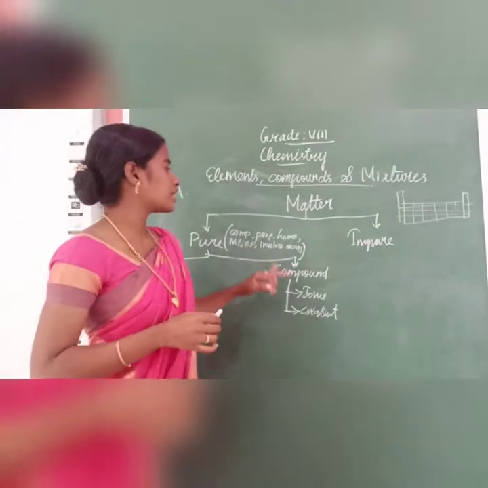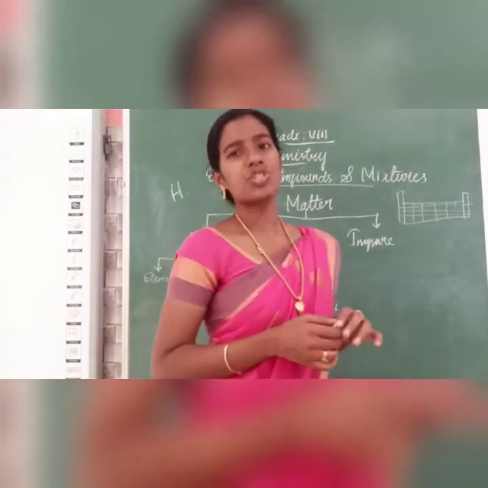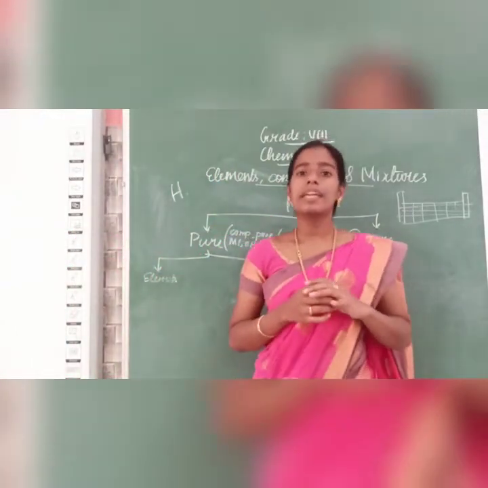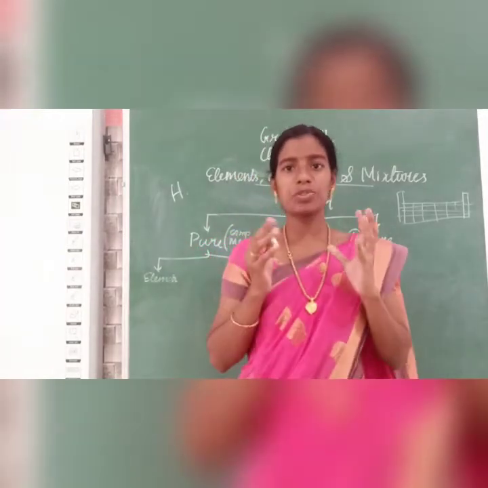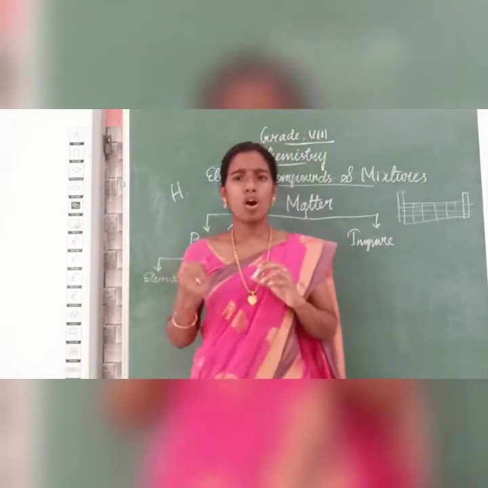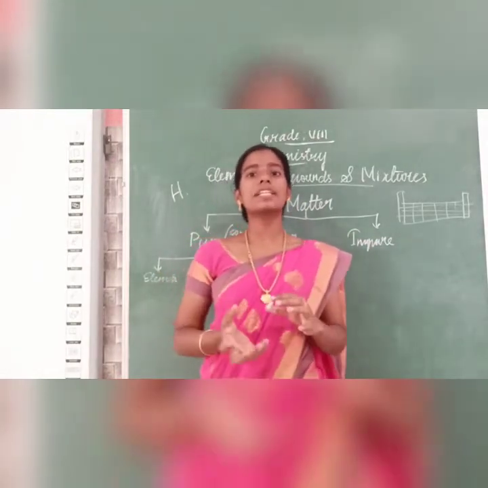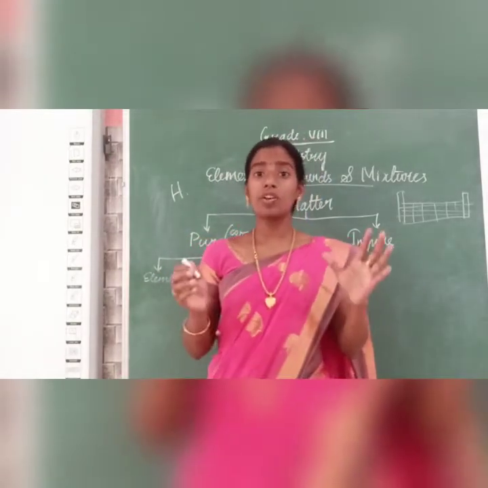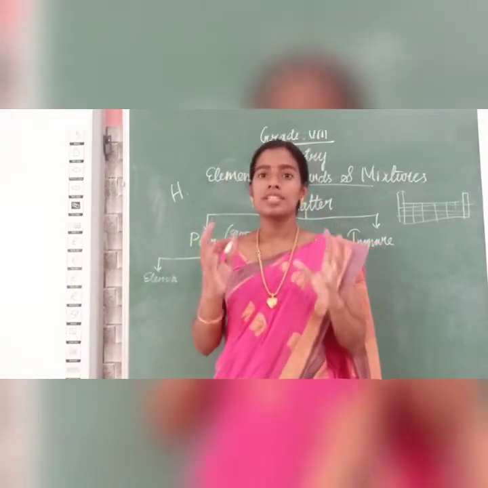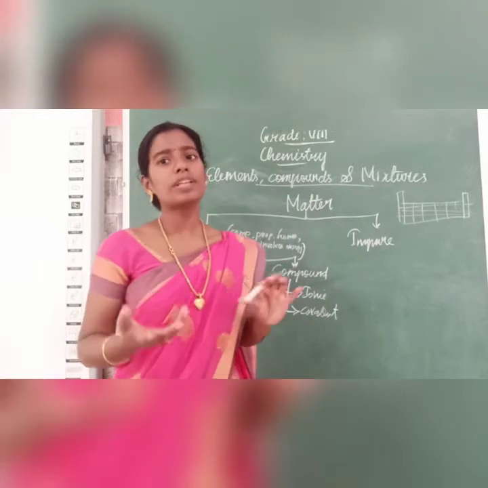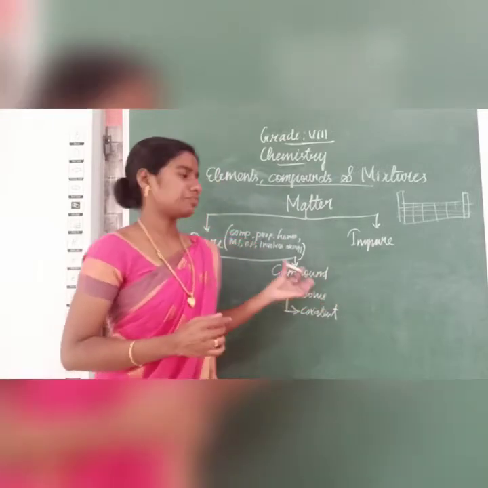Then the next one is, it involves some energy. It involves some energy as it has the same type of atoms. To form a pure substance, it takes some energy. It cannot be broken down. It is a single type of atom, so it is taking some energy.